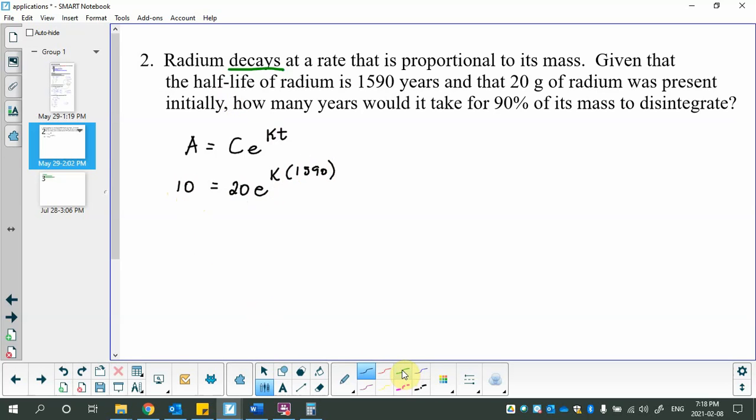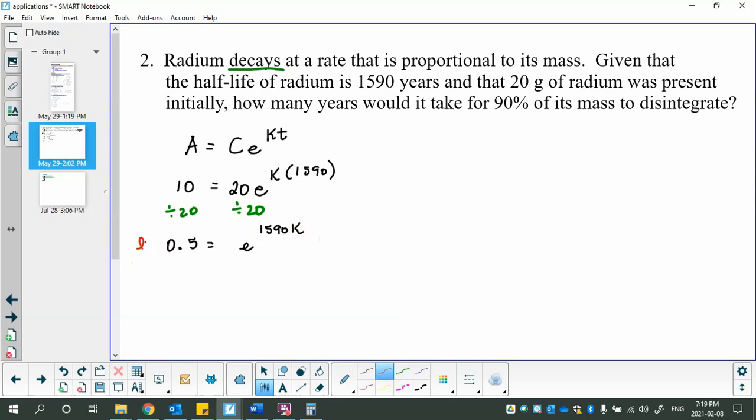So this is going to help us find our K, because the only thing missing is the K. Divide both sides by 20, because it has nothing to do with the exponent. Yes, that creates a decimal, but it's not an awful decimal. And you should do this every single time. So you start by finding your K value, because now you're in calculus.